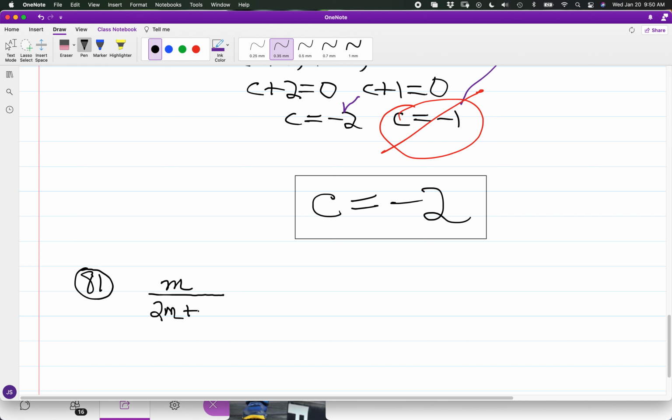And here we have m over 2m plus 1, followed by the addition of 1, is equal to 2 all over m minus 3.